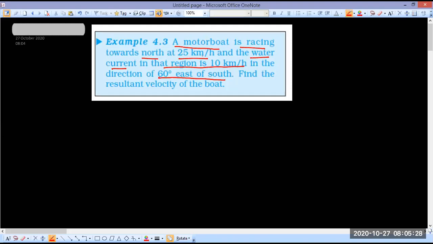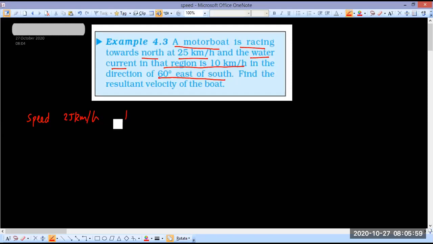Here we are given a speed for the motorboat, right? The speed is 25 km per hour and it's moving towards north.